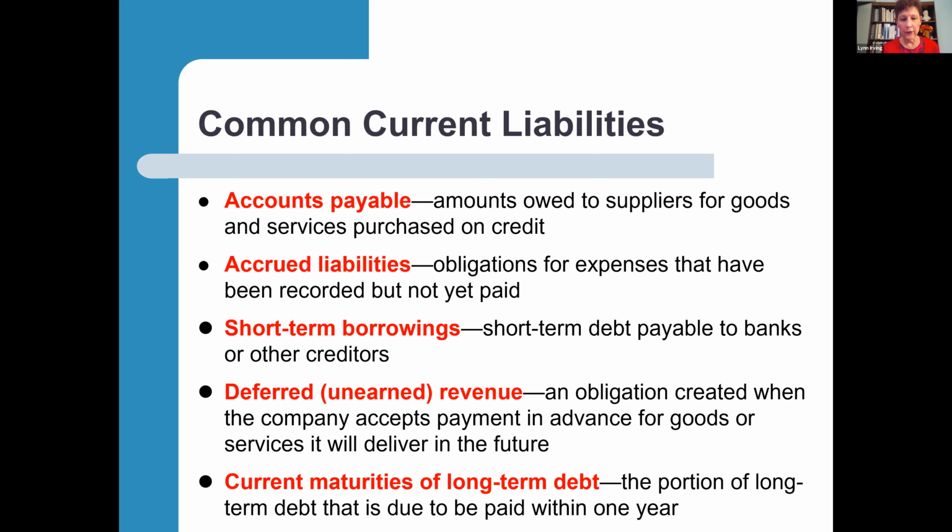You call that deferred or unearned revenue because you haven't provided the service yet. We're going to learn that revenue can only be recorded when it is earned. You have provided the inventory or the service. So just like by putting the word prepaid in front of the word expense, you create an asset, when I put the word deferred or unearned in front of the word revenue, you create a liability.